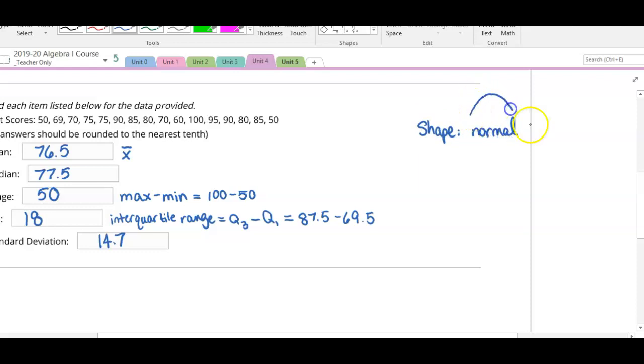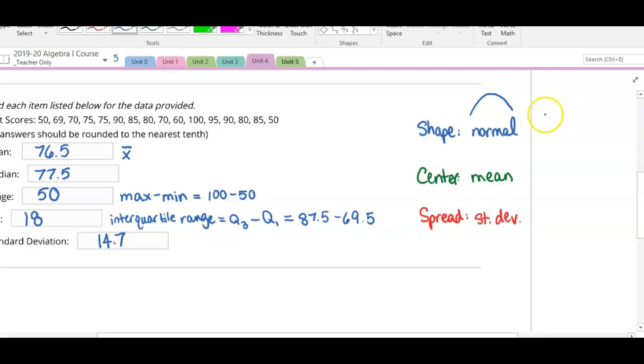It's a nice curve. Then our center is going to be the mean. And our spread is going to be the standard deviation.